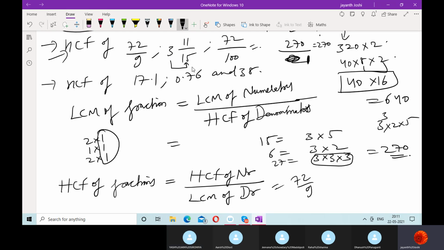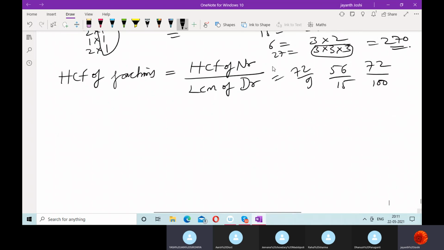15 these are 45. 45 plus 11 is what? Now what is that? HCF of numerator and LCM of denominator.